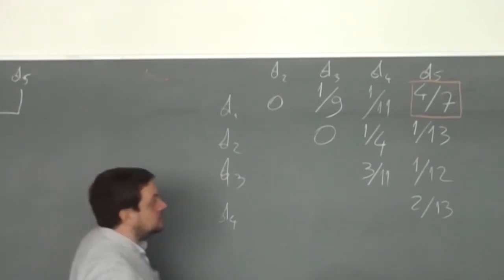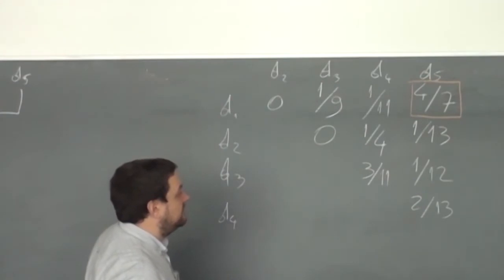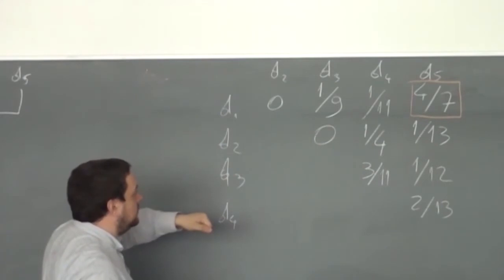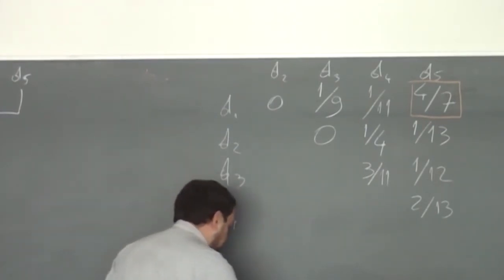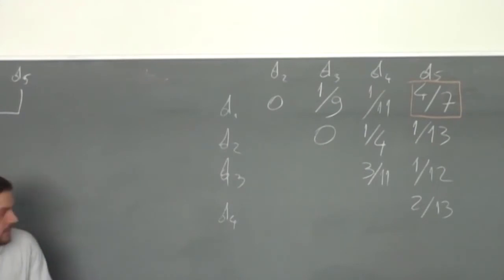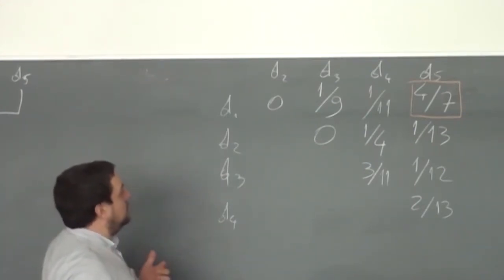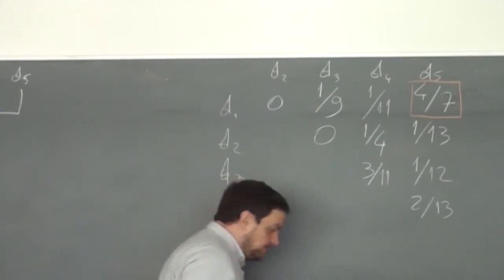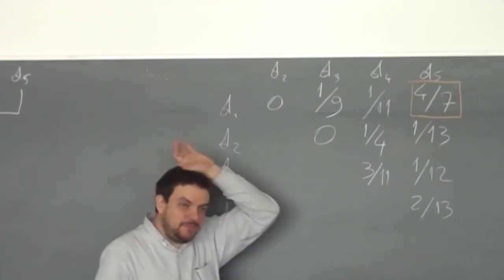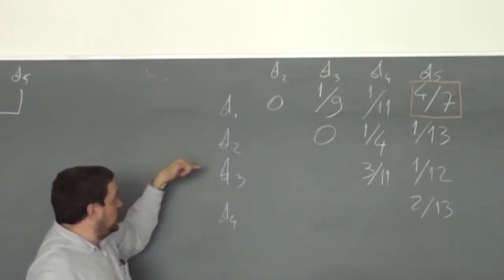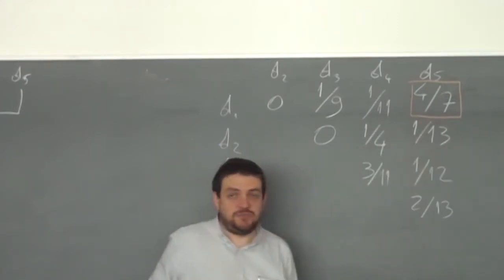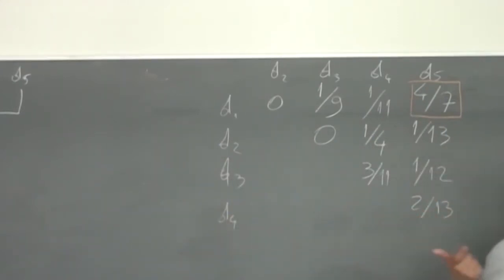Now, I've written this one too large, so I don't know where to put the new table. Now, I'm not interested in this table anymore. This table shows me the similarity between every item and every other item.